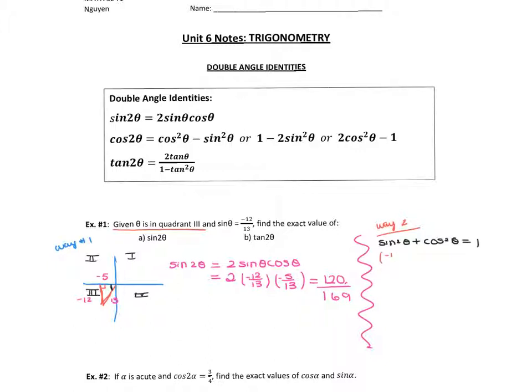So negative 12 over 13 squared plus cosine squared theta is equal to 1. 144 over 169 plus cosine squared theta is equal to 1. Cosine squared theta is equal to 1 minus 144 over 169, which is 25 over 169.